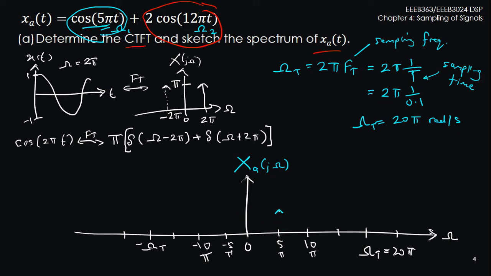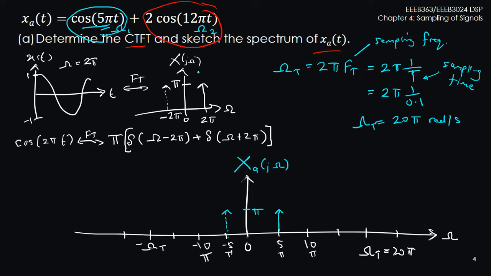Let me try and make that a bit more exact. Right, there we go. Whenever you put one pulse, please also remember to put its pair on the negative side and its magnitude. This will be pi because the magnitude of the first cosine component is 1. Here will be simply pi.